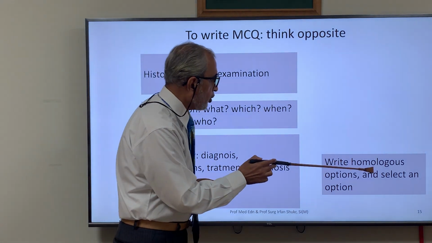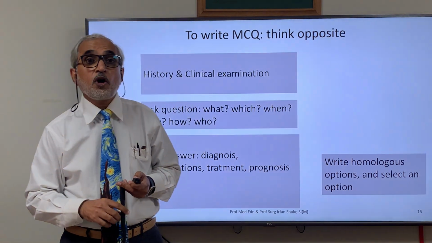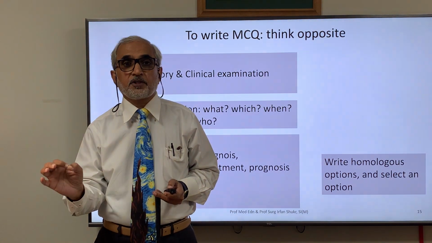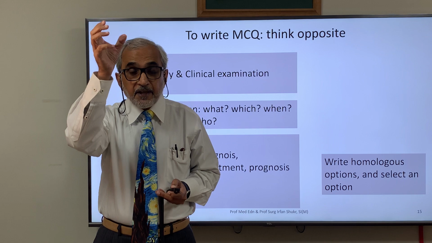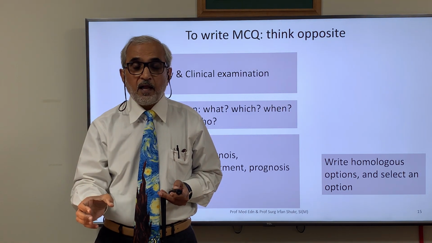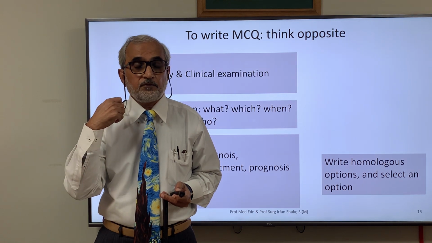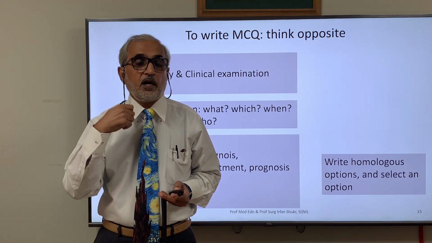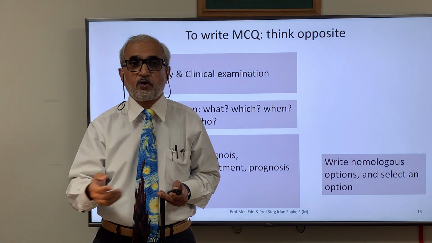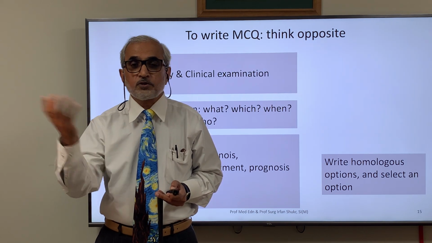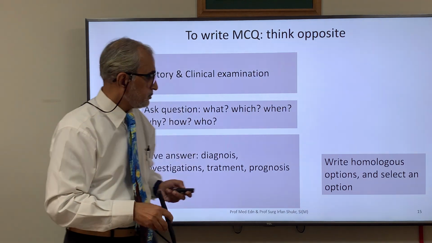I've written the word homologous options because all options are from the topic of the option, so they are homologous. Either the options are of diagnosis, epidemiology, treatment, prognosis, or so and so. They are homologous.